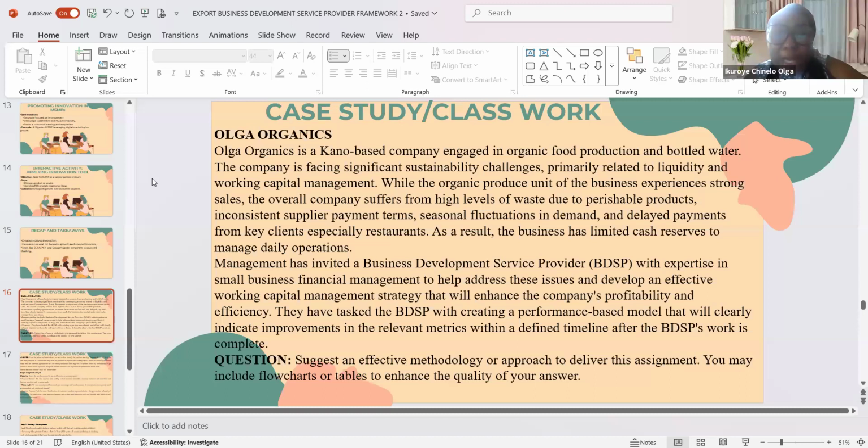They have tasked the BDSP with creating a performance-based model that will clearly indicate an improvement timeline after the BDSP's work is complete. So the question is, suggest an effective methodology, and include a flow chart or table to enhance the quality of your answer.